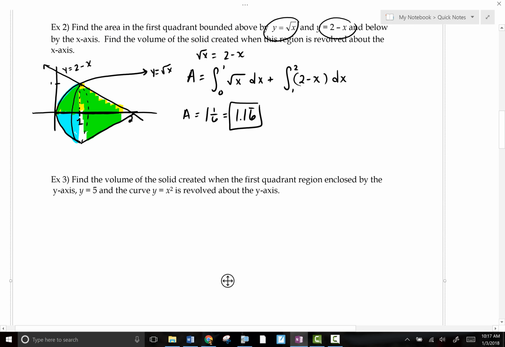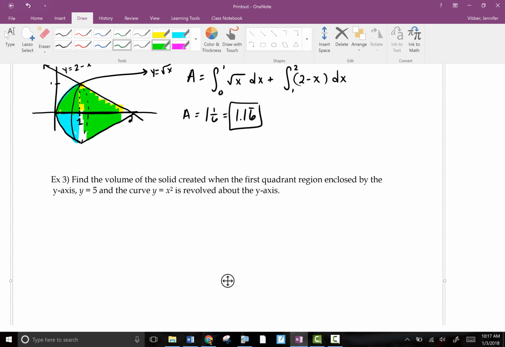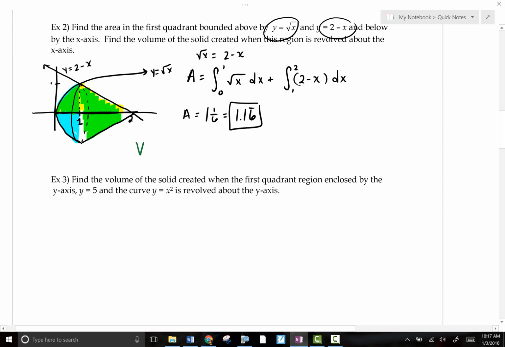So my first integral, there we go, is going to be the integral from 0 to 1 of pi r squared dx. And my radius in the first part goes from the x-axis up to the curve that's the square root of x.